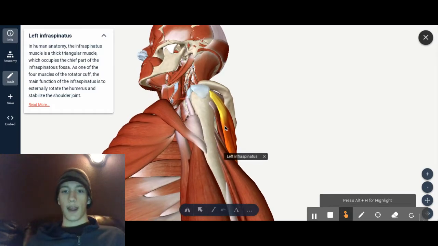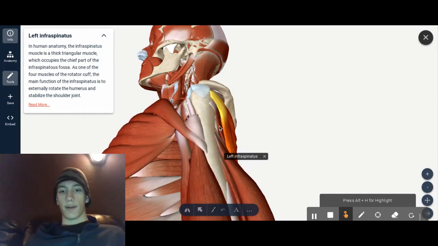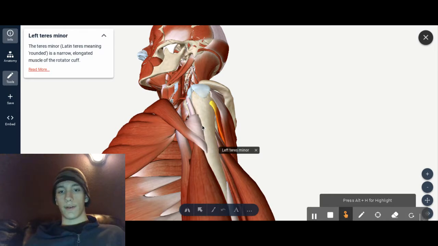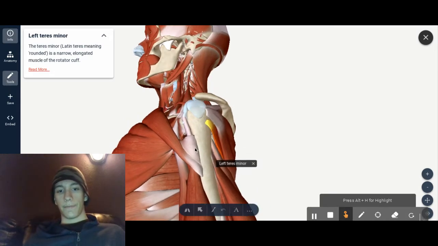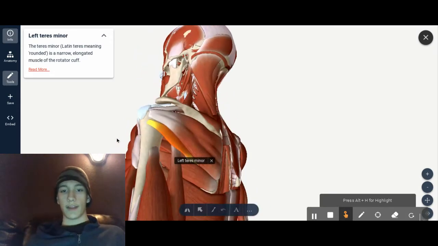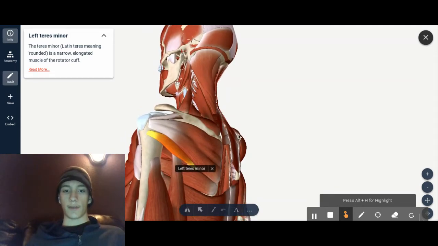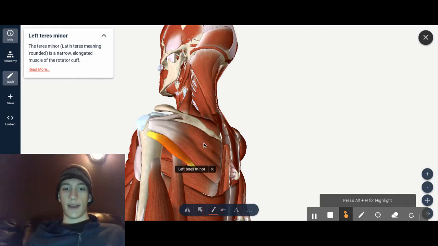Next is your teres minor. You're actually seeing most of the muscle, but because this infraspinatus isn't out of the way, I'll just show you.